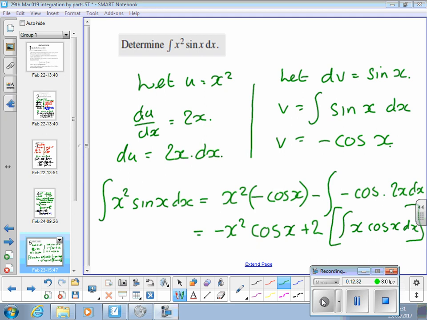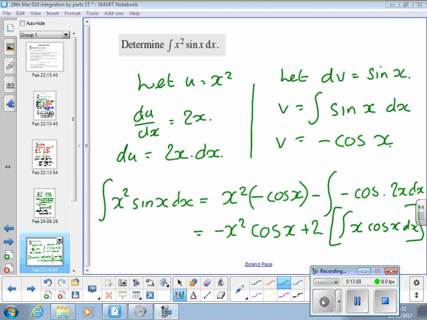Okay, what's the problem there? X cos x dx is not in the table of standard integrals, but where have you seen it before? No, you've seen it today. Right near the start, we solved x cos x dx as problem 1.